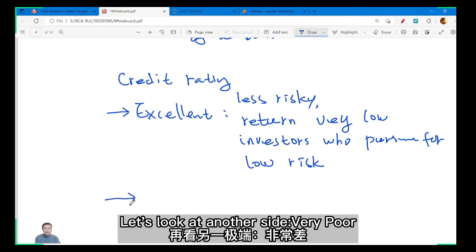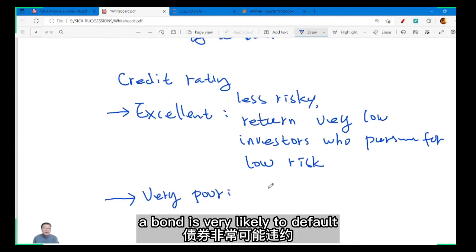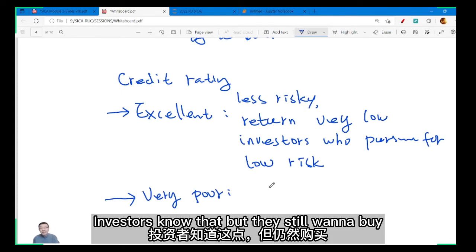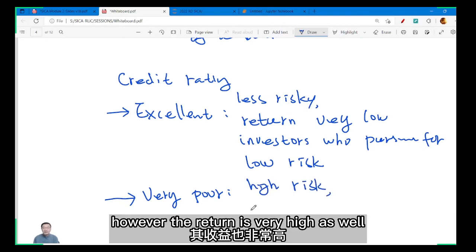Let's look at the other side. Very poor. A very poor credit rating means a bond is very likely to default. Investors know that, but they still want to buy because although this kind of bond has high risk, the return is very high as well.